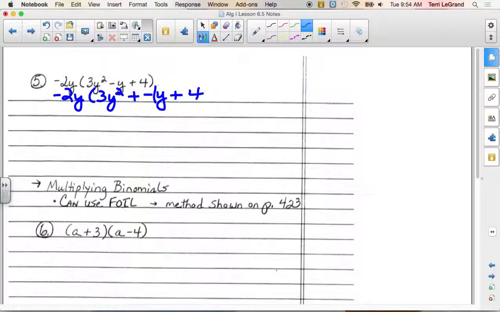In fact, I might even slip a 1 in there. And then do your distributive property. Again, showing good, complete work because it will be more helpful when you look at your notes later.